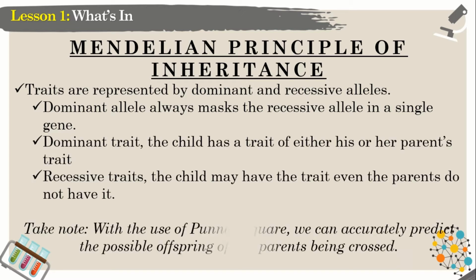And take note that in order to have an accurate probability or prediction of the possible offspring of the two parents, we use the Punnett square. I know you already have an idea of how to use the Punnett square.